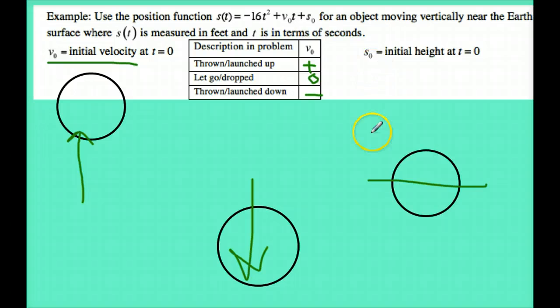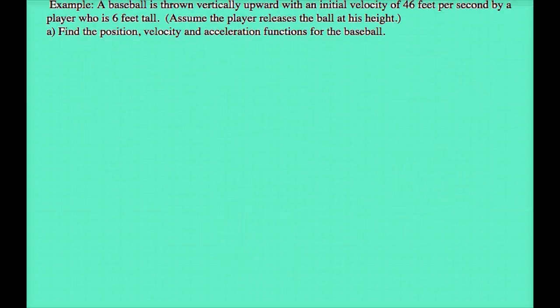S naught is our initial height, and this is telling me where we are starting when I'm at t equals 0. If I'm on the ground, my S naught is equal to 0. But in some cases, my object is actually going to be above the ground. So let's take a look at an example to see how that works.